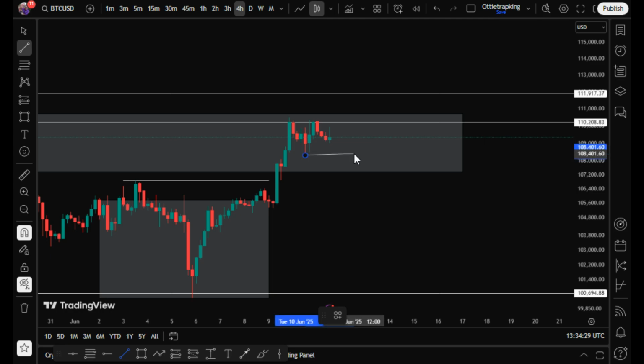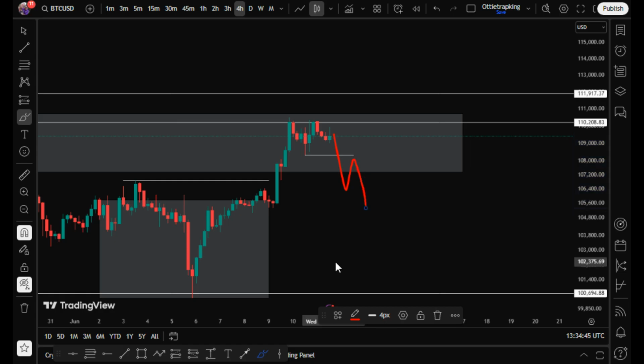This was the low made by the market in the 4 hour time frame. And what we need to see is that the market comes to break this level here and make some tests so that we can go to the downside.